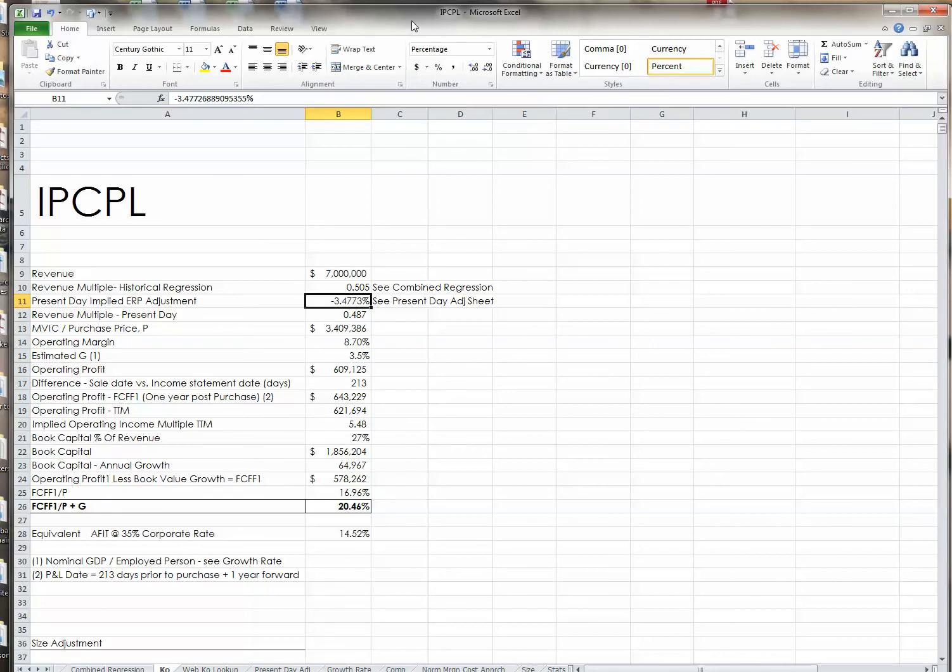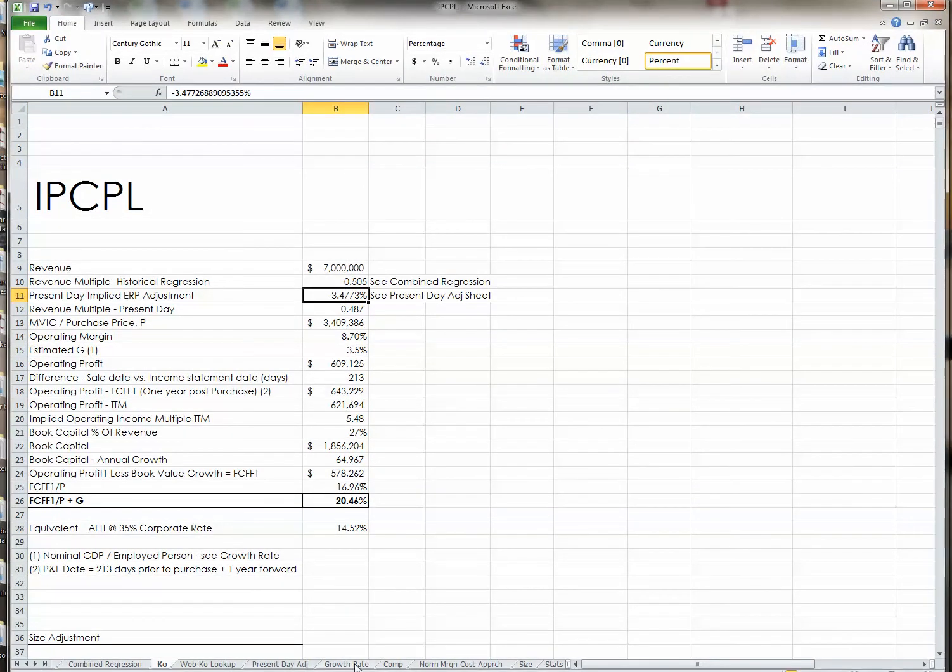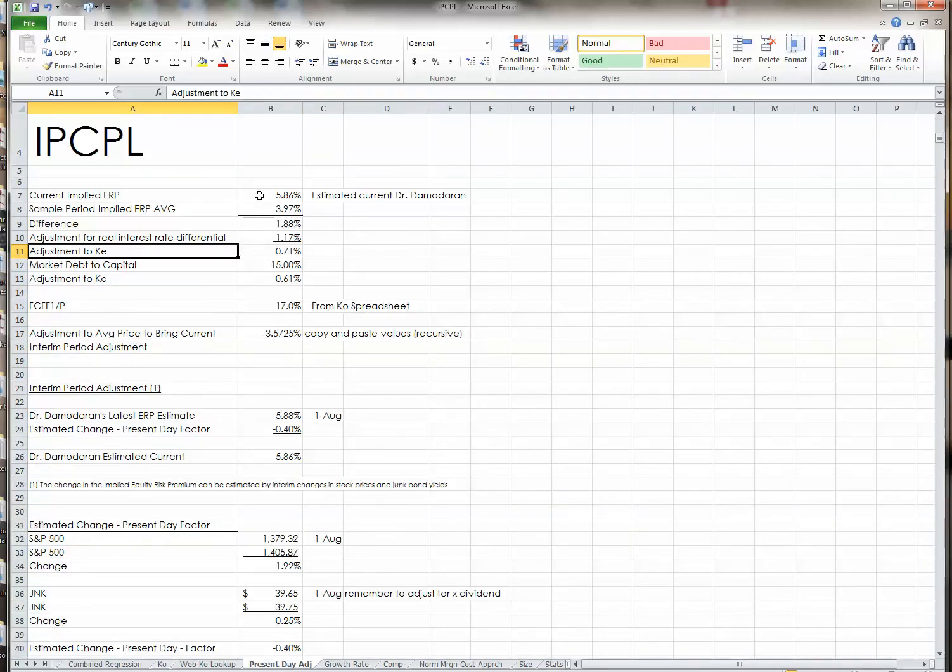We go to the present day adjustment. All right, so what we do is we take his current implied equity risk premium, which was 5.88%, and we make a small adjustment on an interim basis to that, which we'll get to next. Subtract from that the average implied equity risk premium that he has calculated over the last 15 years.